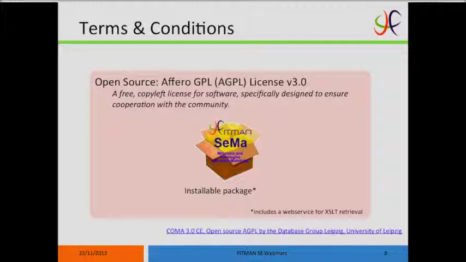So you can download the package, install it on your own machine, and play with it. The COMA toolkit, which is included in this specific enabler, is also an AGPL package, offered, as I said previously, by the University of Leipzig.